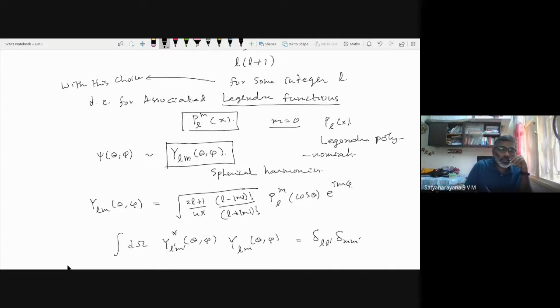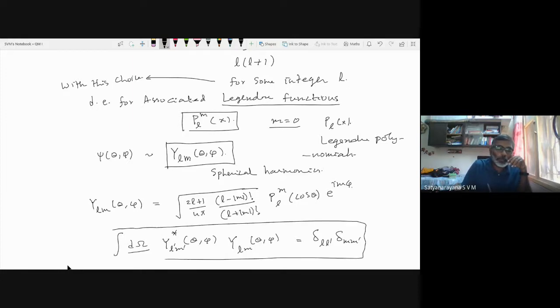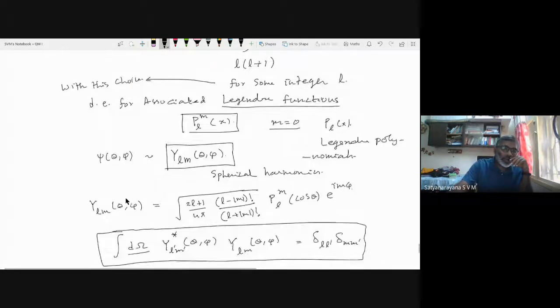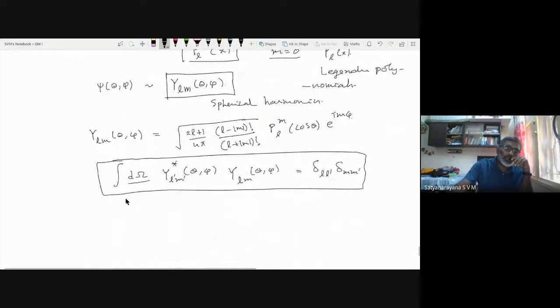This integral d omega is over sin theta d theta and d phi, from 0 to 2 pi and 0 to pi, that usual integration. So the spherical harmonics are the most important functions, which are eigenfunctions of this theta phi.